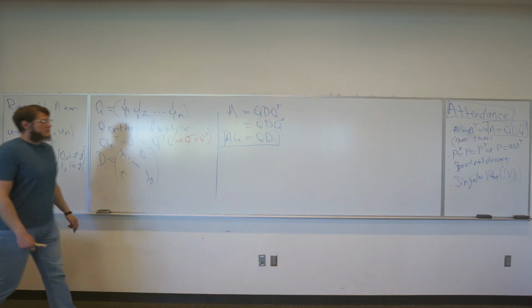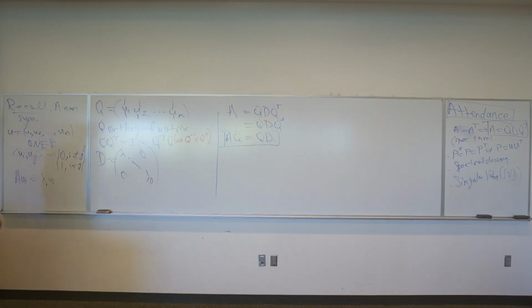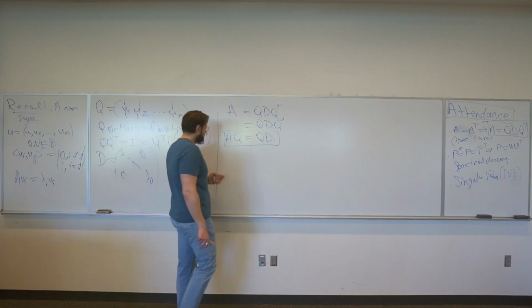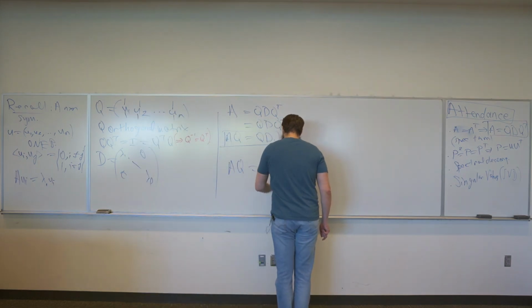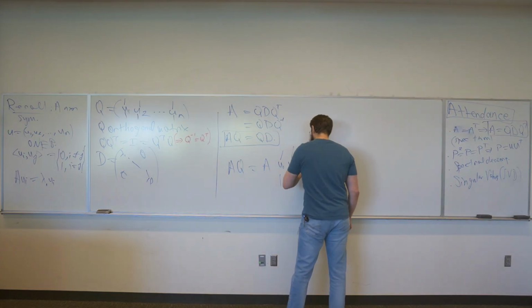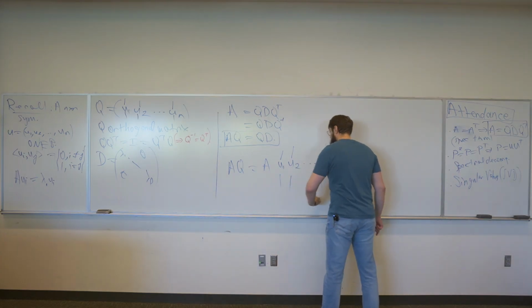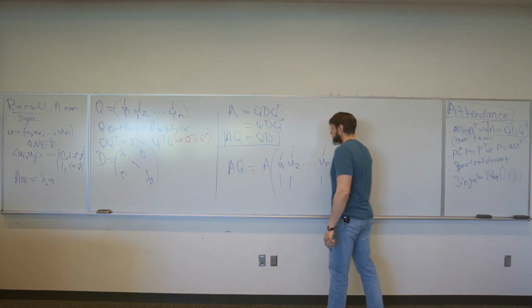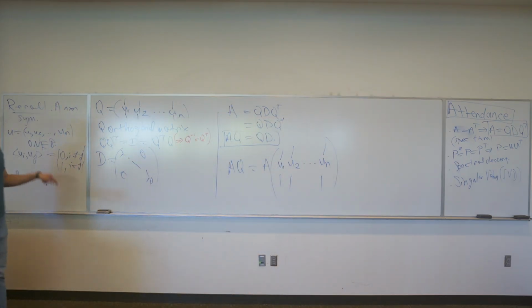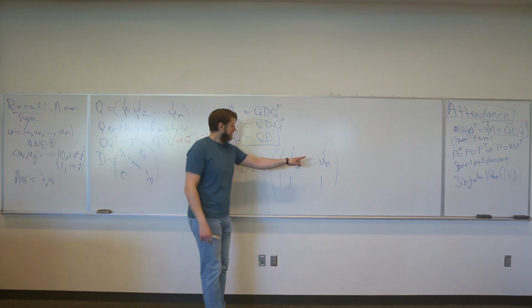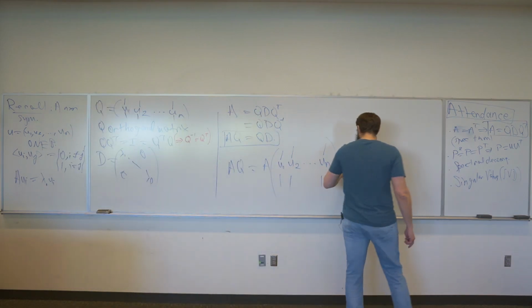And note what this is: A times Q is going to be that n by n matrix whose columns are the outputs of these vectors under A.